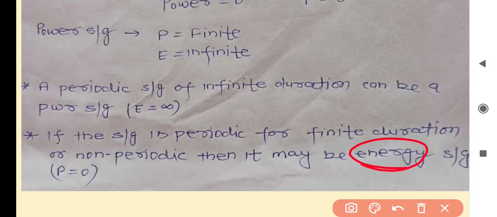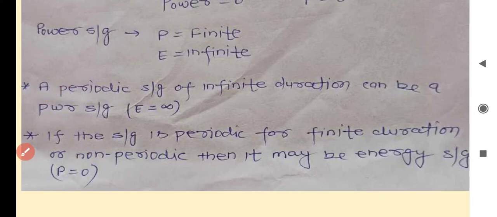And if the signal has infinite duration, then its energy will always be infinite, and this signal can be identified as a power signal. So we will keep in mind these two concepts: a signal having infinite duration is a power signal, and if the signal has finite duration and is periodic, then definitely it is an energy signal, and if the signal is non-periodic, then it may be an energy signal or a power signal.